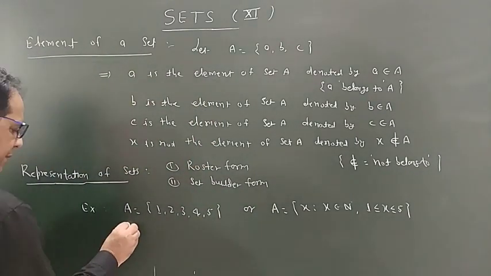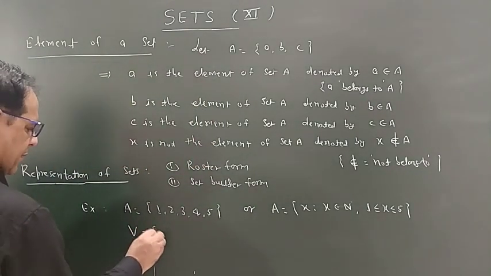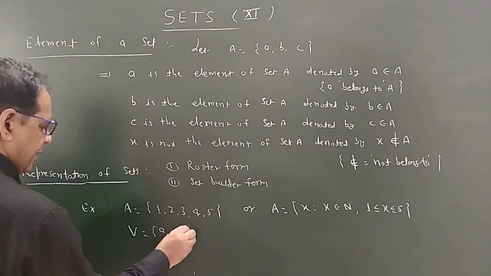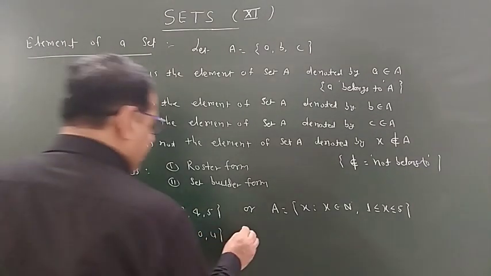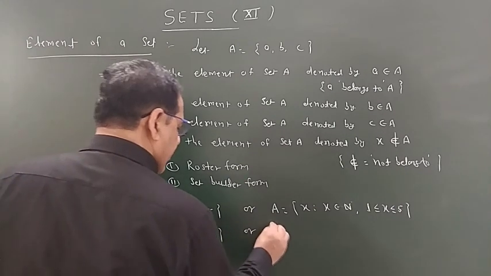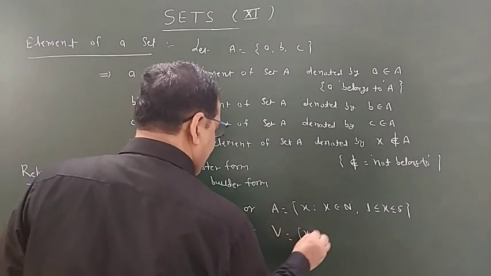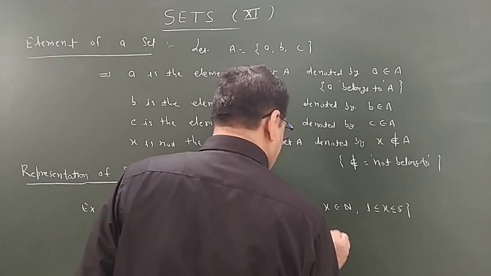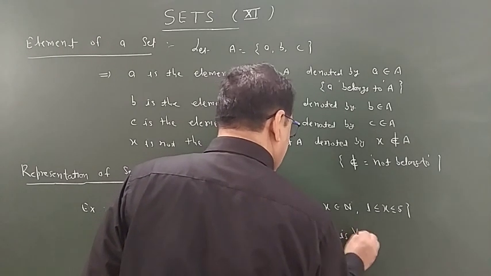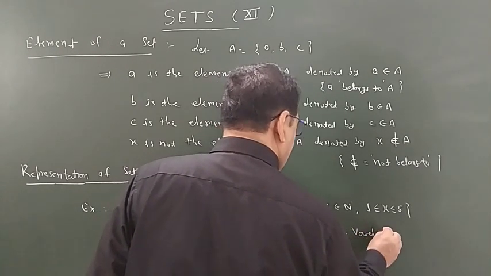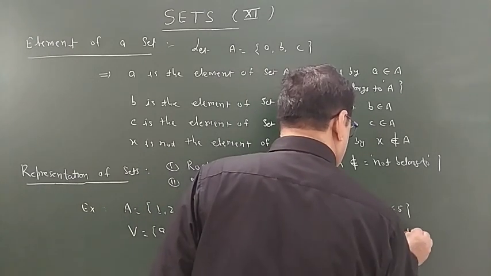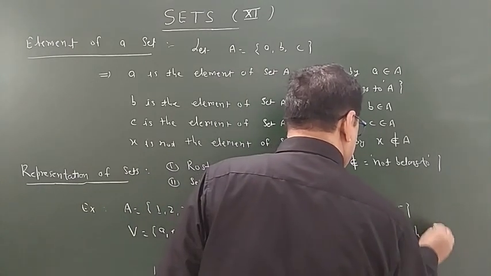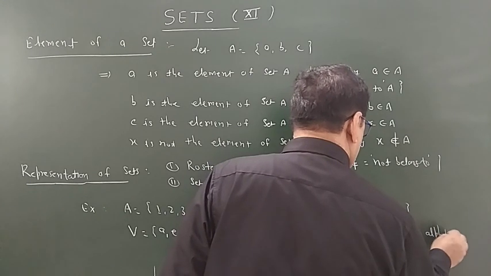Next, one example: V equal to {a, e, i, o, u}, or V equal to {x : x is a vowel of the English alphabet}.